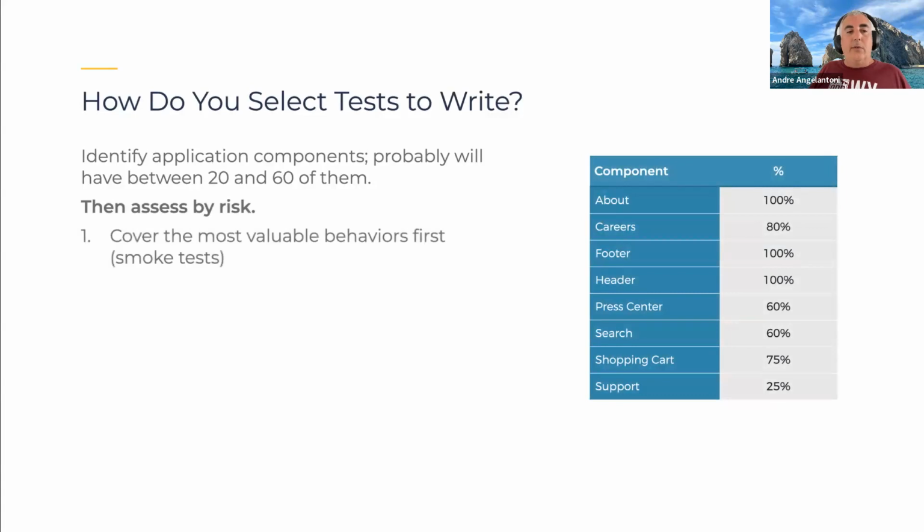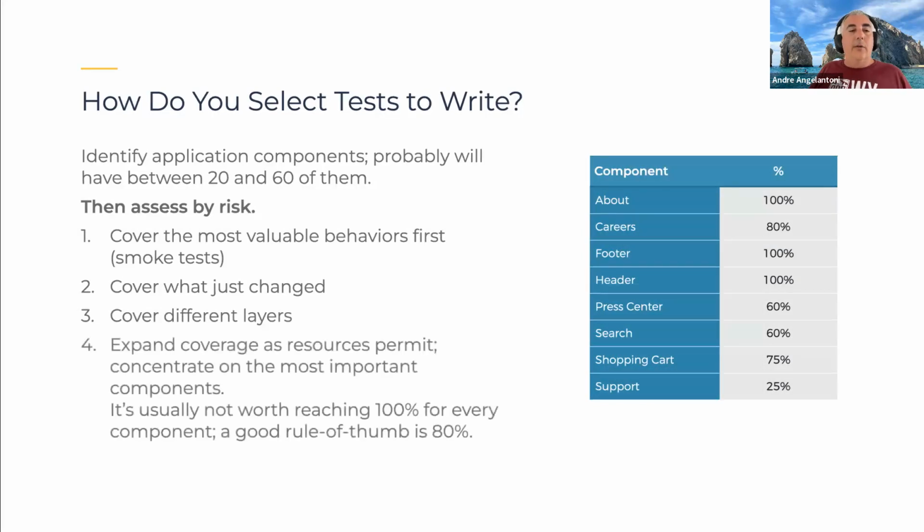Then you assess by risk. You cover the most valuable behaviors first. These are going to be smoke tests. Then you cover what just changed if there's a new merge request. You can cover different layers, different API layers, make sure everything's talking to each other. And then you expand the coverage as resources permit. Concentrate on the most important components. It's usually not worth reaching 100% for every component.